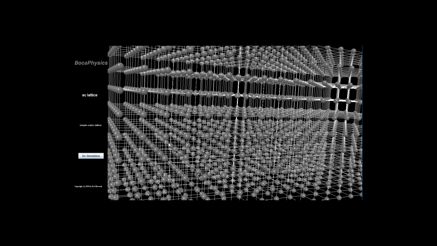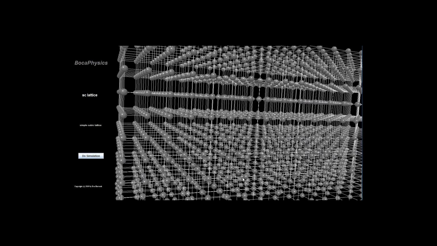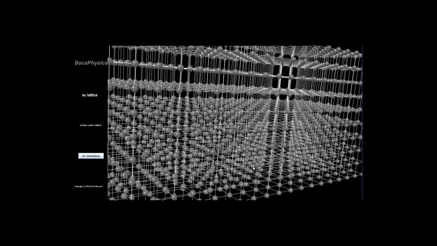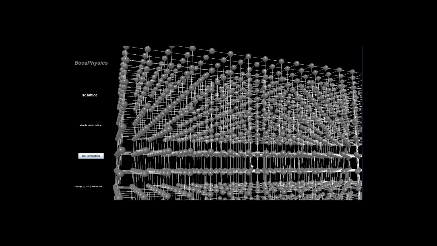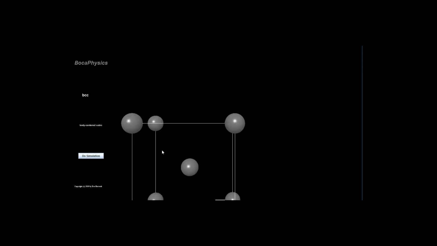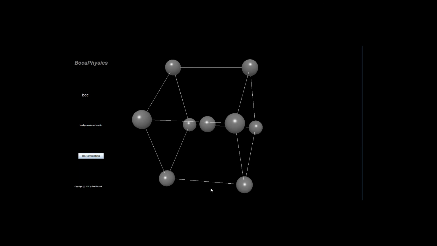Because crystals have periodic structure, it is a useful idealization to treat the lattice as infinite in extent. Another common crystal structure is body-centered cubic, where an atom or ion occupies the center of a simple cubic cell.